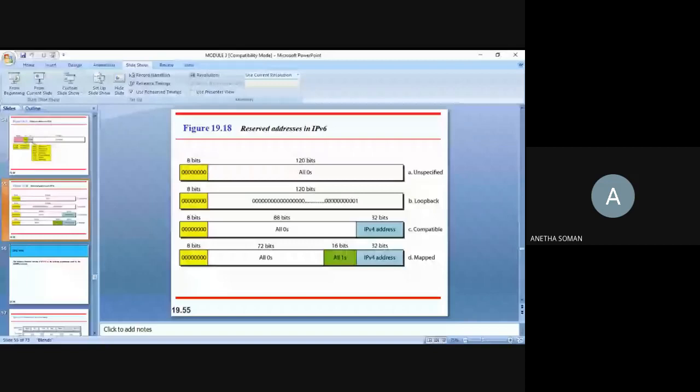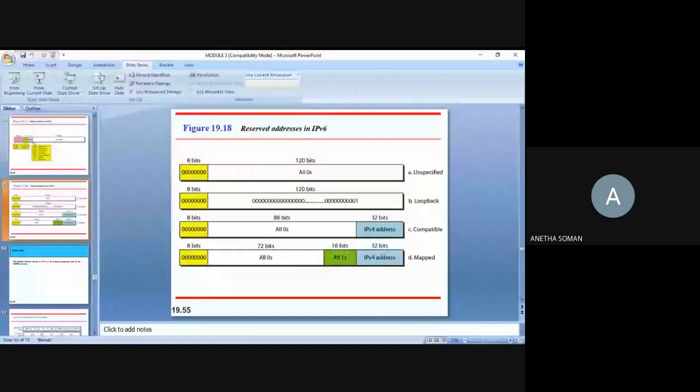Just remember, you don't have to study all these fields and data. You just remember what is a unicast address in IPv6, what is a multicast address. At least remember those field names. That is more than enough. And the reserved addresses. So far we were discussing the 2 IP addressing schemes: version 4 and version 6.